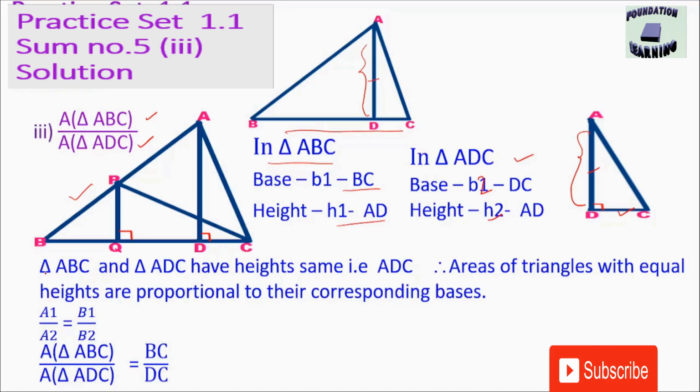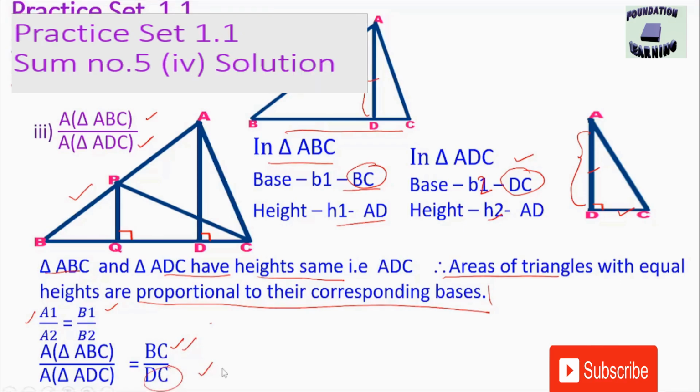Since triangles ABC and ADC have the same height, the areas of triangles with equal heights are proportional to their corresponding bases. This is the property, and the formula is A1 upon A2 is equal to B1 upon B2. In triangle ABC the base is BC, and in triangle ADC the base is DC. So the final answer is BC upon DC.